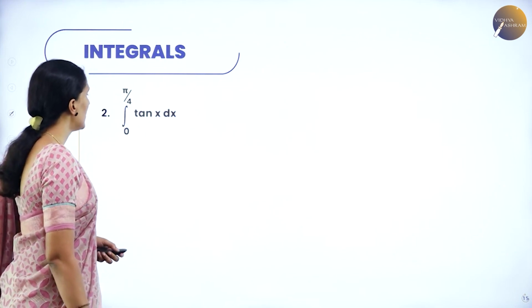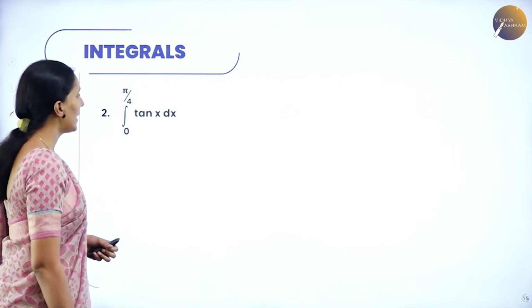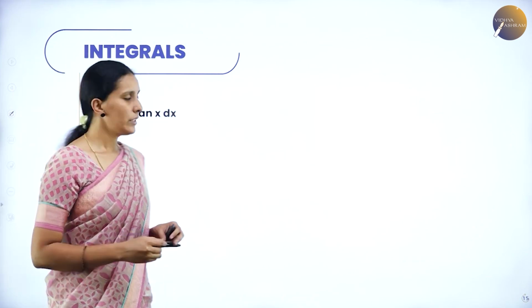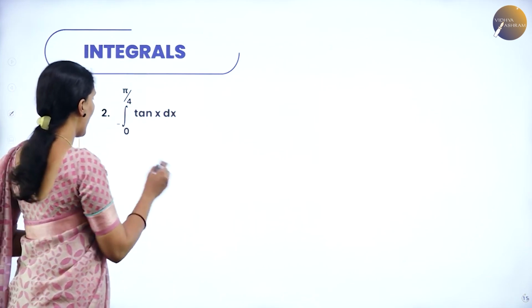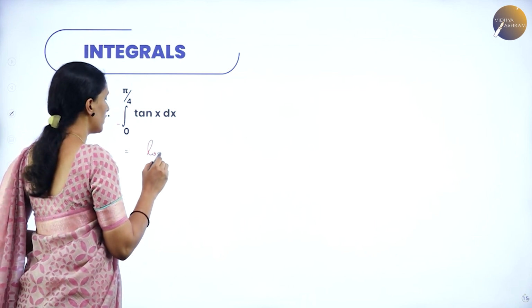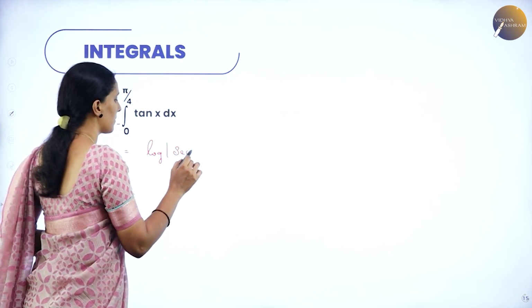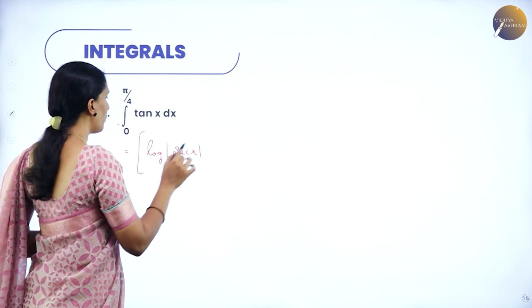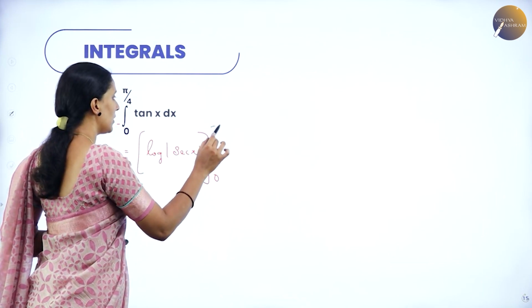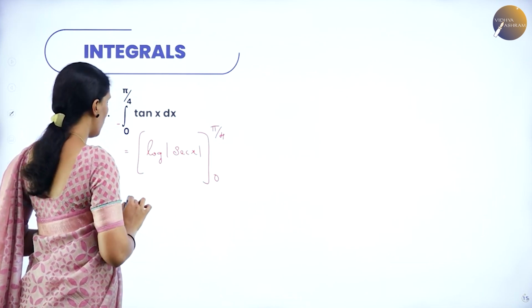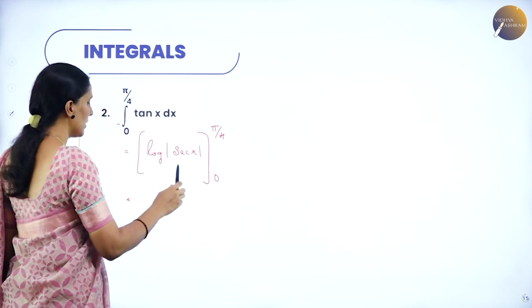Next one, integral from 0 to pi by 4 of tan x dx. So we know that the integral of tan x is log of secant x. Now we need to find out the value at 0 as well as pi by 4. So what does the fundamental theorem say?